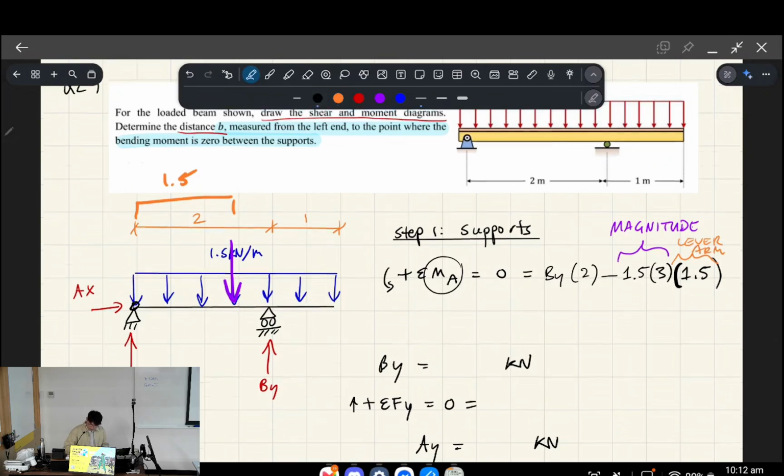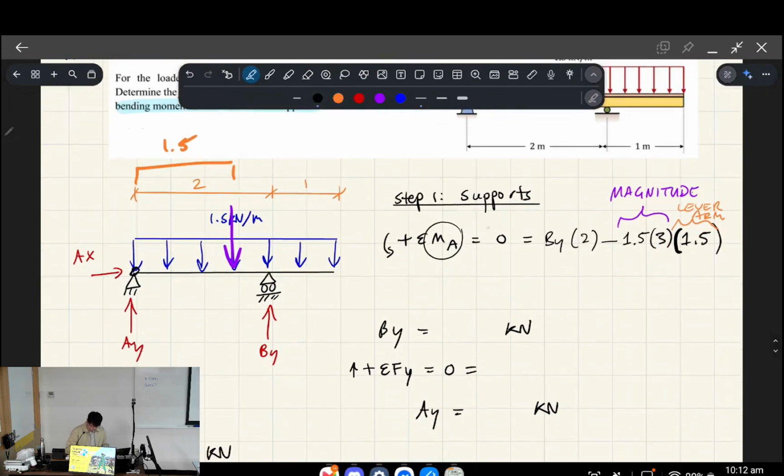Okay, cool. So that's that. When you rearrange this expression here for By, which is written down here, you get 3.375 kilonewtons, right? So that is the unknown By.